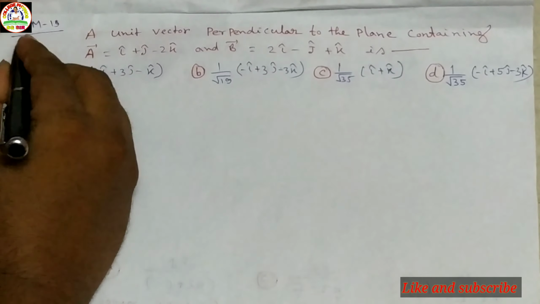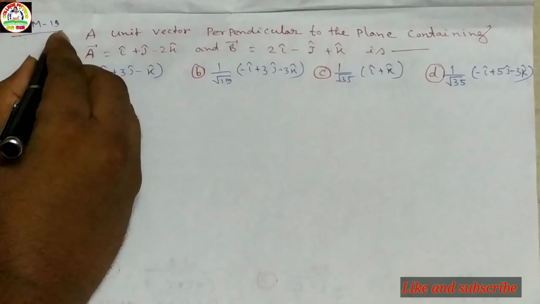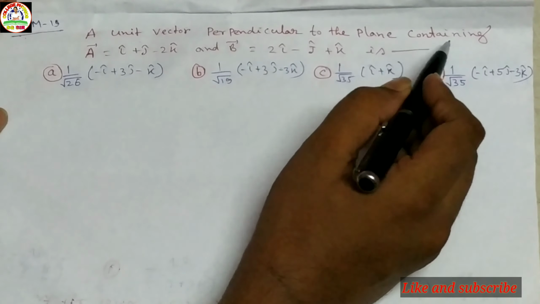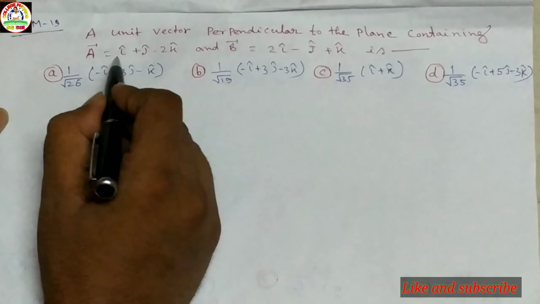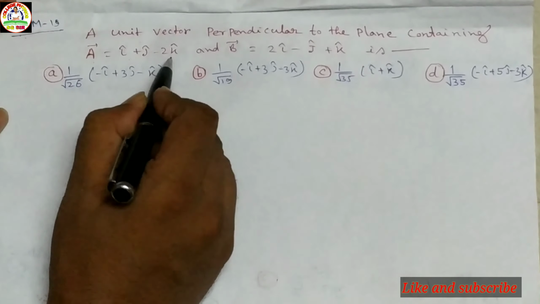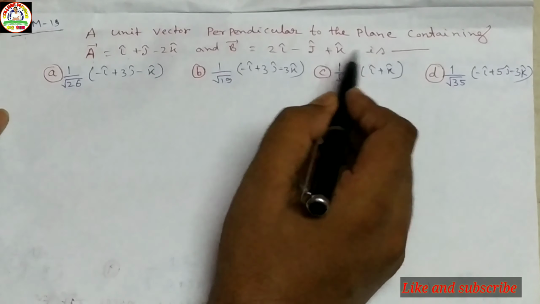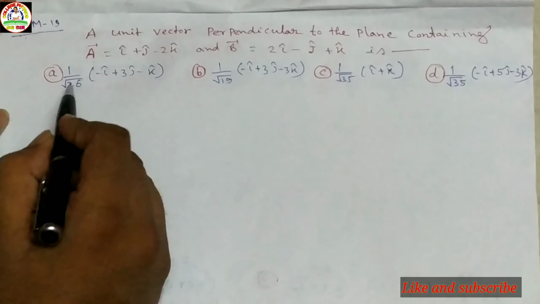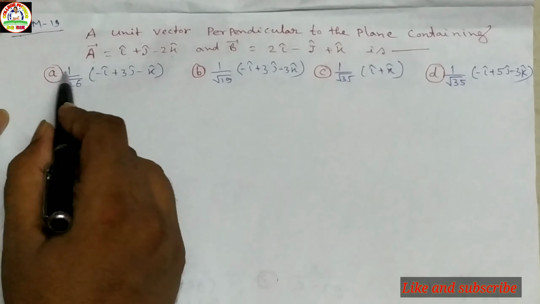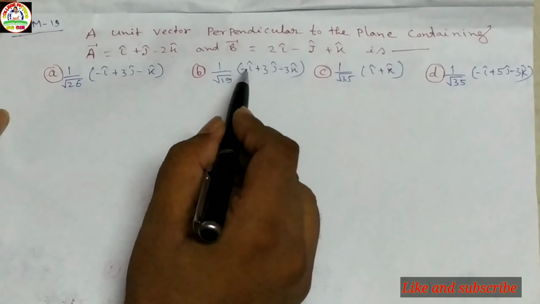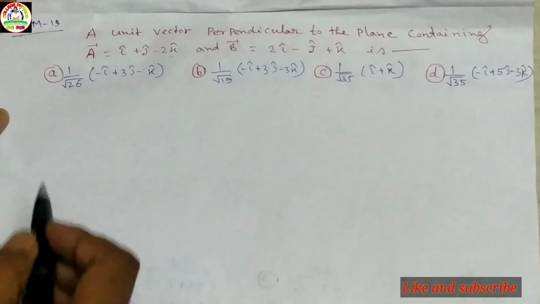The problem from JAM 19: a unit vector perpendicular to the plane containing A equal to i cap plus j cap minus 2k cap and B equal to 2i cap minus j cap plus k cap is, options: 1 by root 16 (i cap minus 3j cap minus k cap), 1 by root 19, like that.